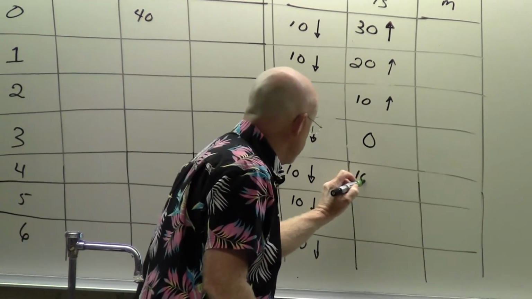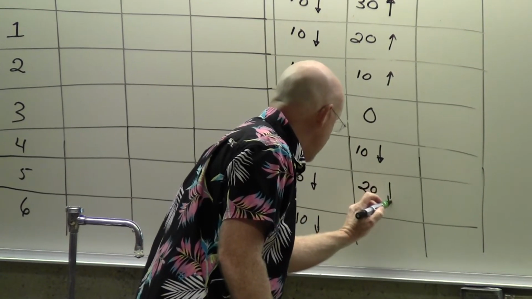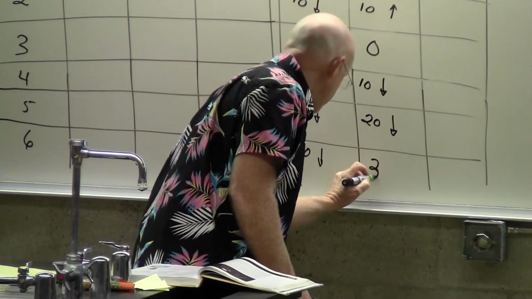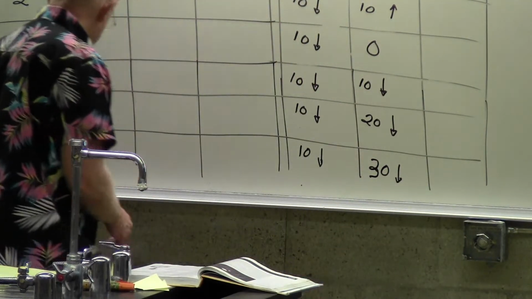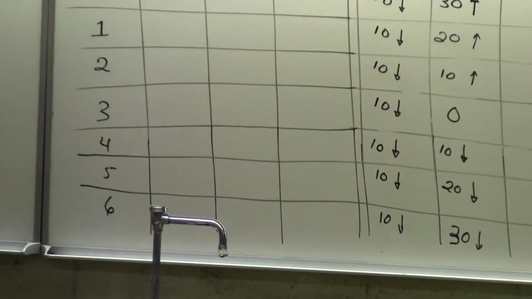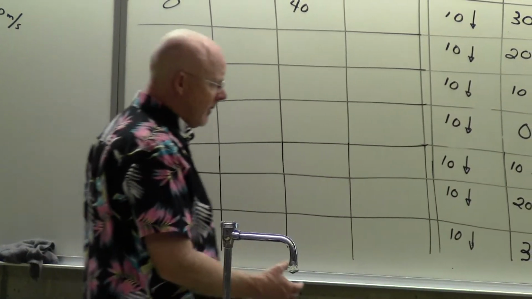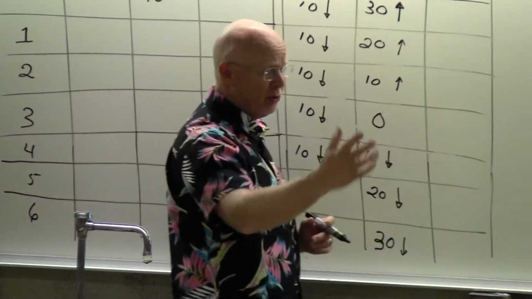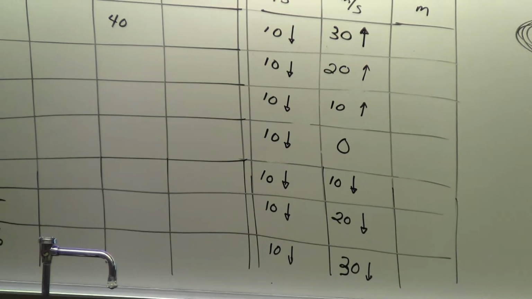So 0 goes to 10 down, then it goes to 20 down, and then to 30 down. And so that's the numbers on the vertical column. And also that brings it all the way back to the same height. I proved that to you in chapter 2, but I'll even do it again here.